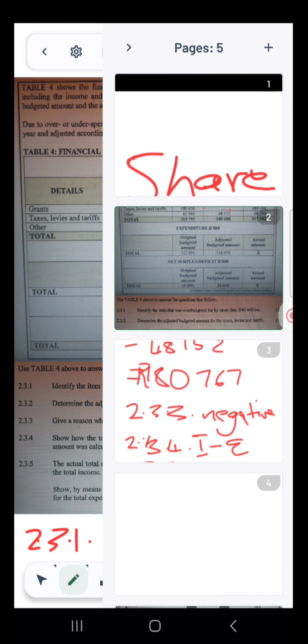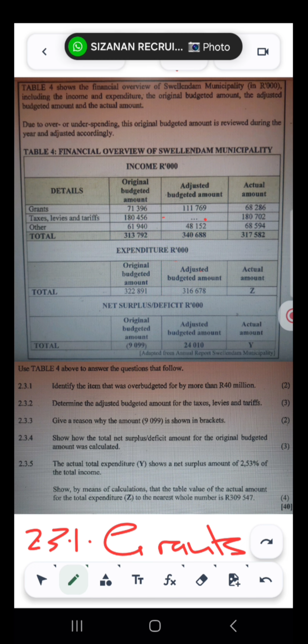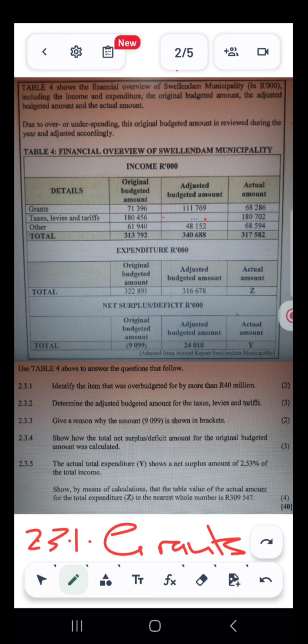Basically, show by means of calculation that the table value of the actual amount for the total expenditure, to the nearest whole number, is 309,547,000. So first they give us the statement that the actual total expenditure shows the net surplus amount of 2.53% of the total income.